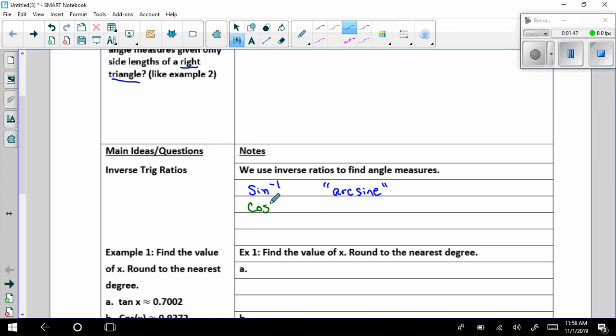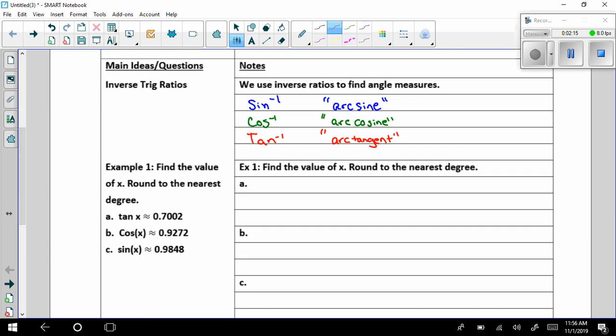We have cosine, which is arc cosine, the inverse of cosine, and then we of course have our tangent. So the inverse of tangent is arc tangent. And usually when I talk about them, I'll just say inverse.